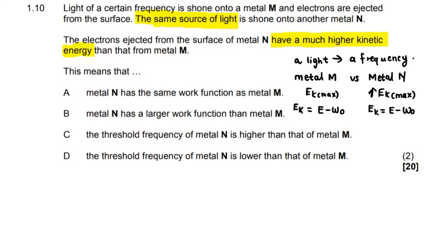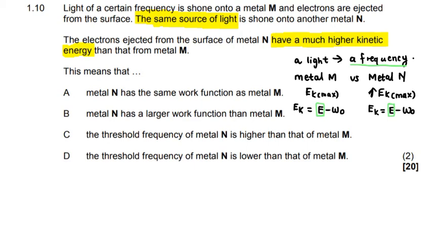Okay, first of all, what's constant is the frequency of the light. So if the frequency of the light is constant, it means that the energy of the light is constant. So this energy is constant. Okay, so it's the same in both cases, right? Because we took the same light and we shone it on M, and now we're shining it on N. Keep that in mind.